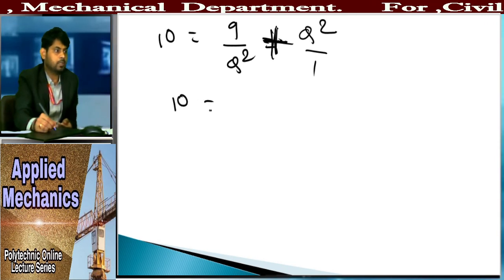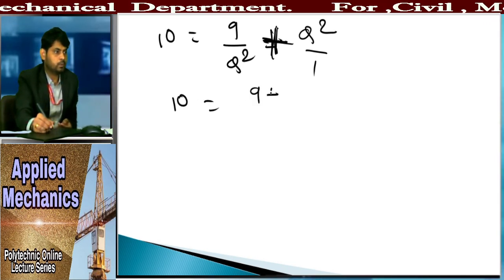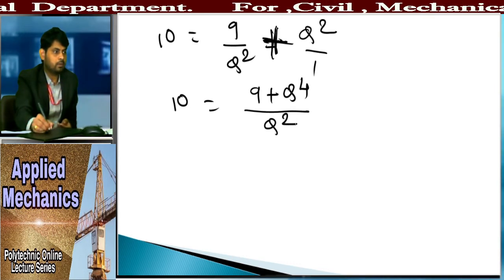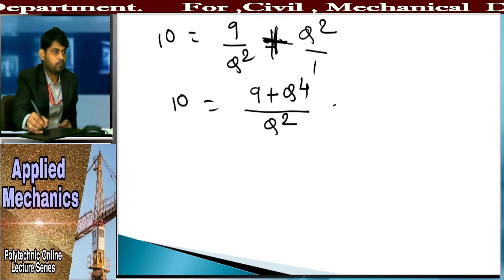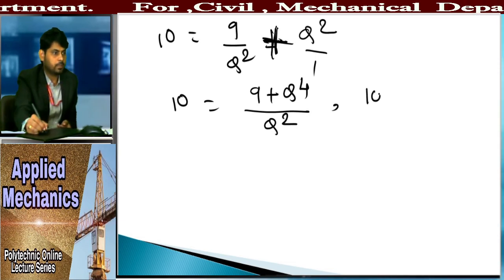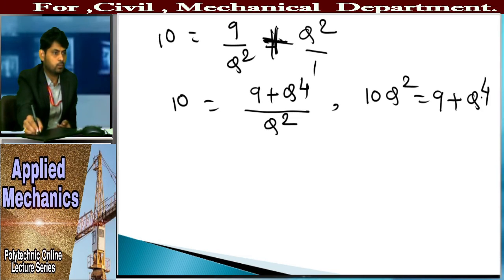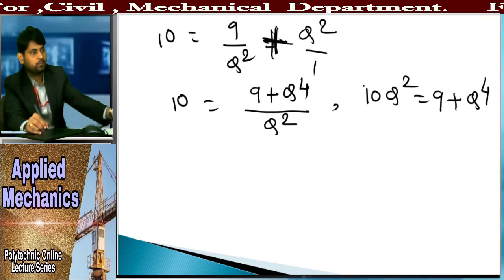So do the cross multiplication. 10 is equal to 9 plus q raised to 4 divided by q square. So you can write this term like this: 10 q square is equal to 9 plus q raised to 4, right?